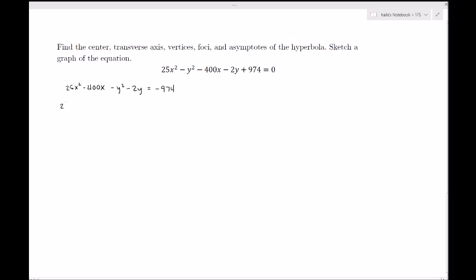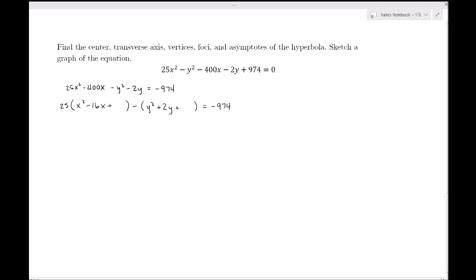So we have 25 times x squared minus 16x, and I'm going to leave a space here because I know I'm going to be adding a number. From the y terms, I need to factor out that negative, so I have negative y squared plus 2y, again leaving a space because I have to add a number, is equal to negative 974.